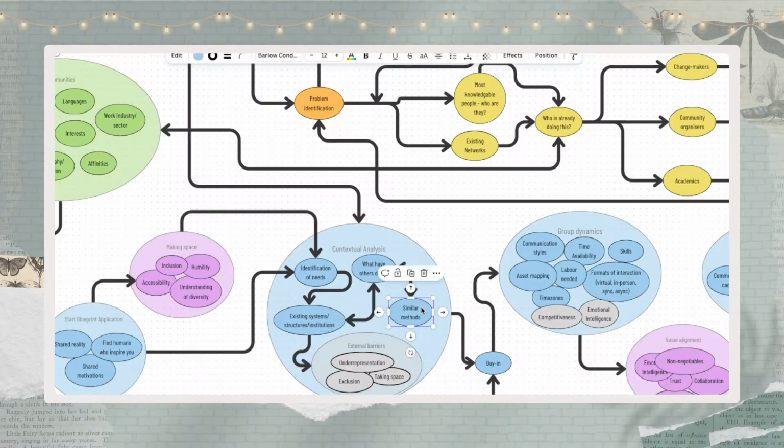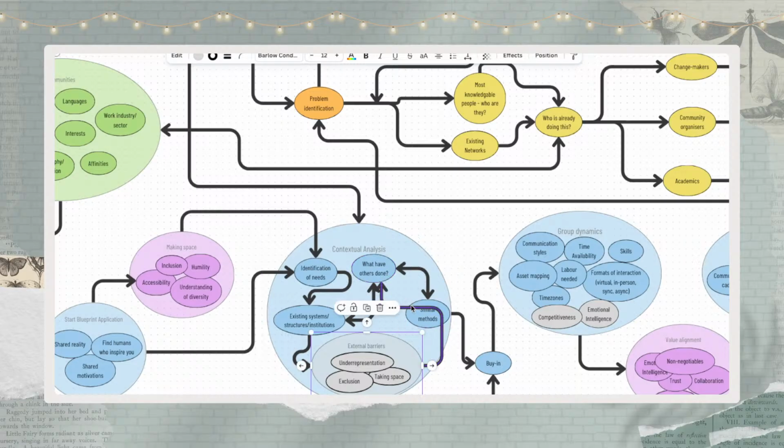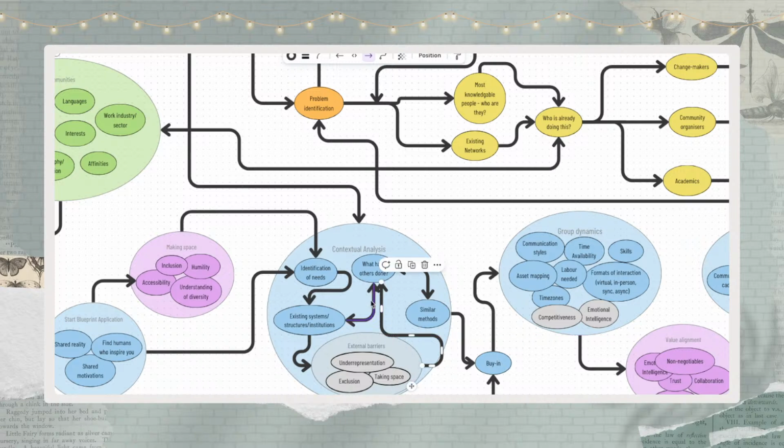Perhaps, yeah, actually, yes, because of what others have done in regards to exclusion or underrepresentation, and you can feed that there.